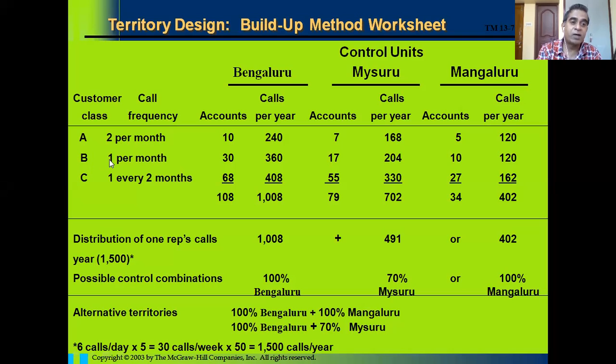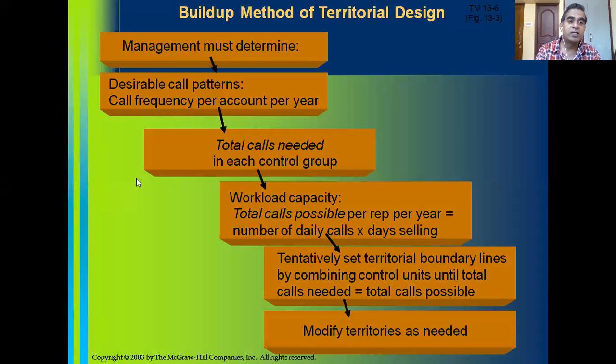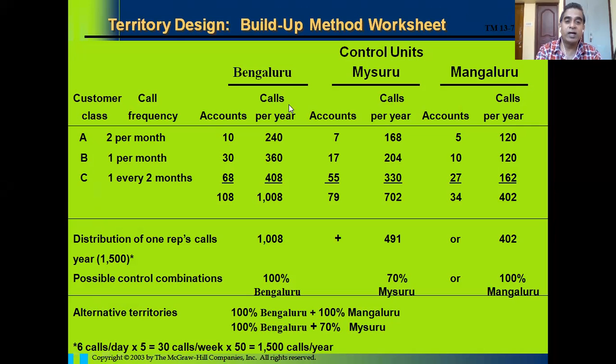B class customers require 1 visit per month. C class customers require 1 visit in every 2 months. That is nothing but the call pattern or call frequency per account per year. So if we look at per account per year, how many calls are required?